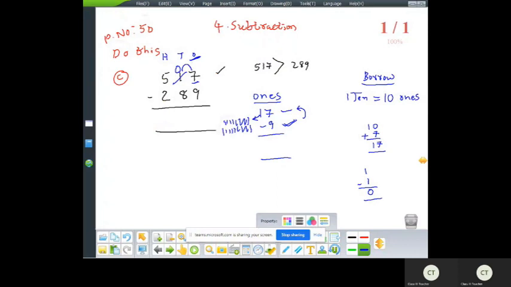From 17, we cut 9 lines: 1, 2, 3, 4, 5, 6, 7, 8, 9. After cutting 9 lines, how many lines are there? 1, 2, 3, 4, 5, 6, 7, 8. 17 minus 9 is equal to 8. This 8 is the answer, written in the one place.